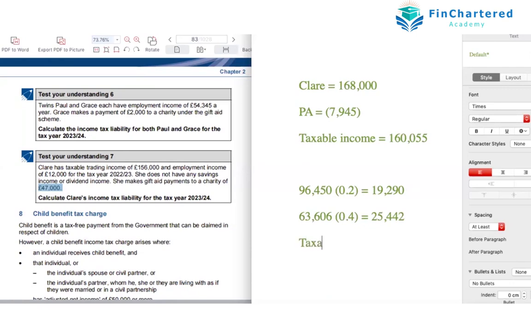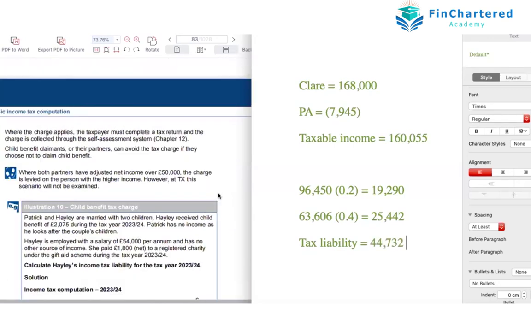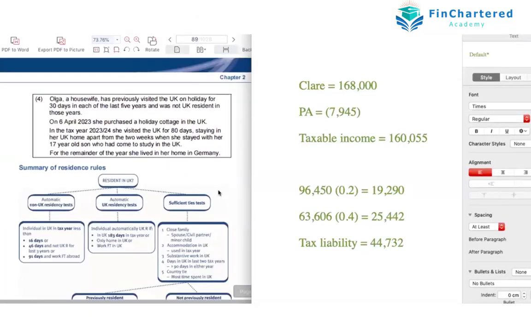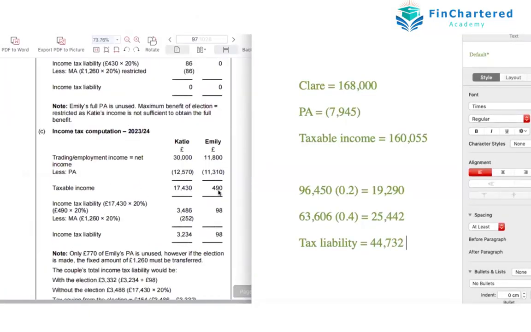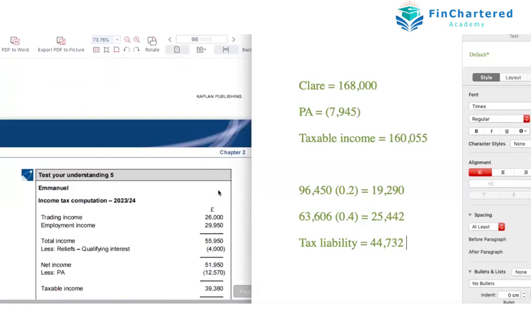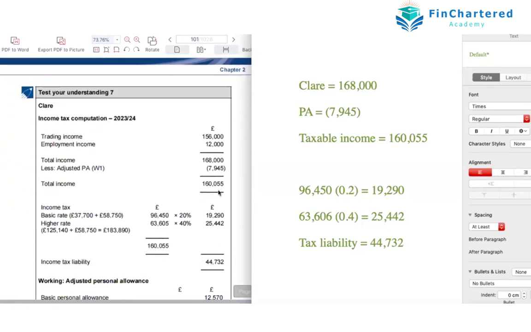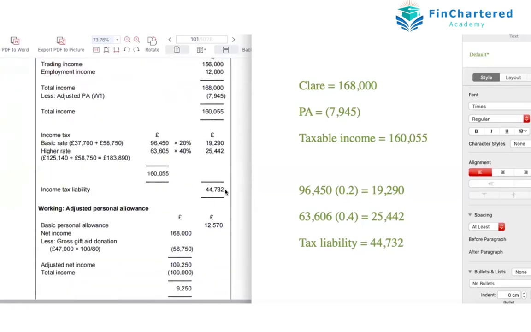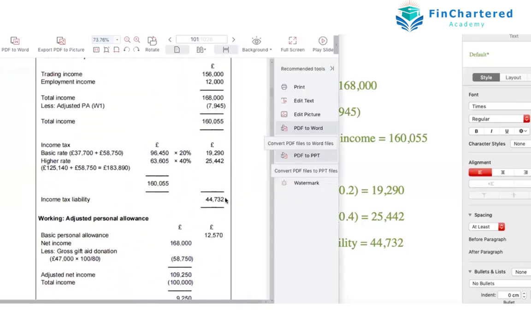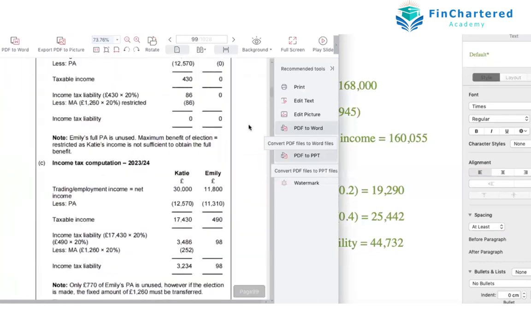Therefore, the tax liability will be how much? Let's check. Test your understanding. 44,730. We got this. So Aditya, your doubt is clear now.